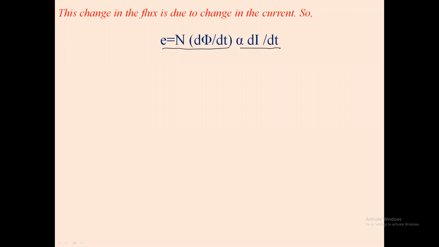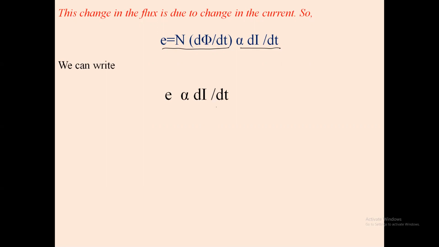Because as the current changes in a specific time, if the change is more, definitely the induced EMF is also more. Because here N is constant, N will not change, the changing parameter is di by dt.